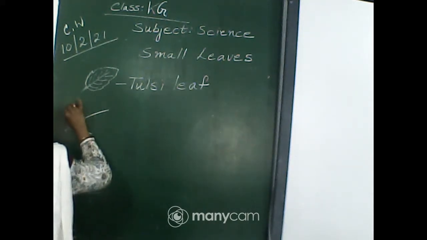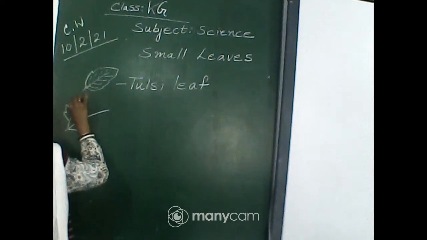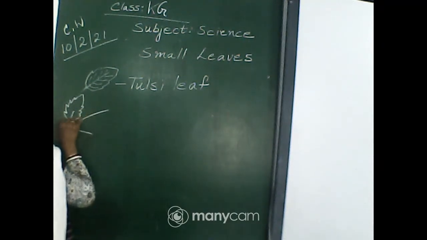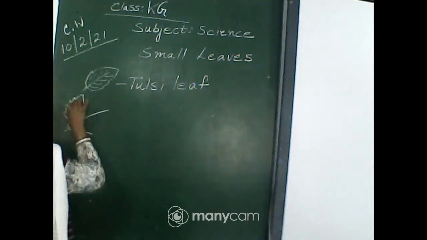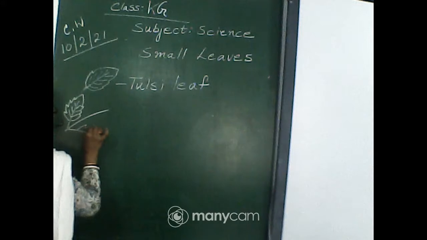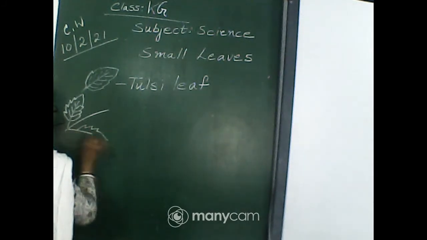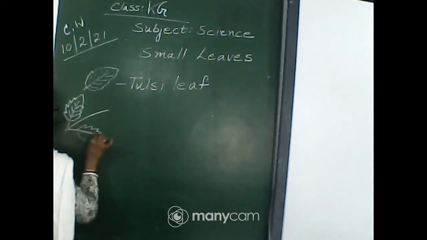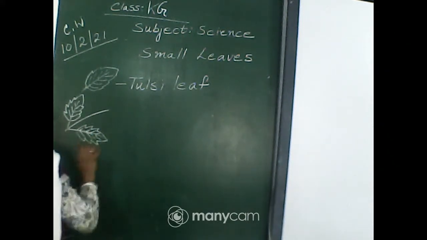Rose leaves have lots of curve and are a little bit pointed at the top, front side. So here is the rose leaf. Here comes the rose leaf like this.